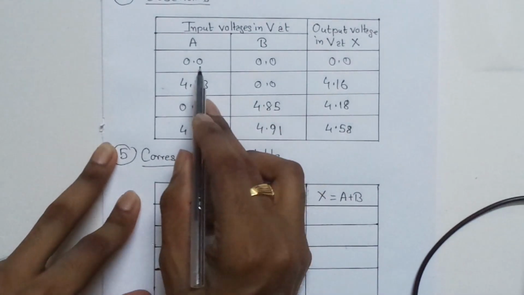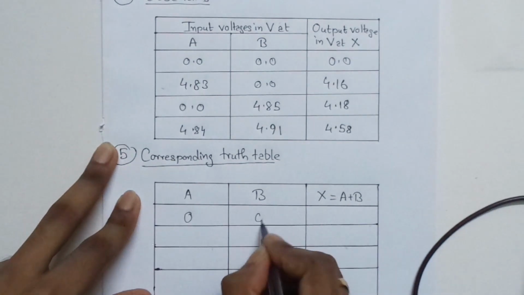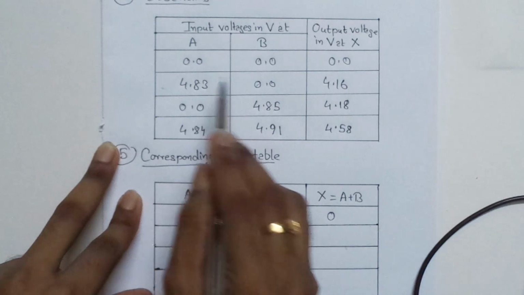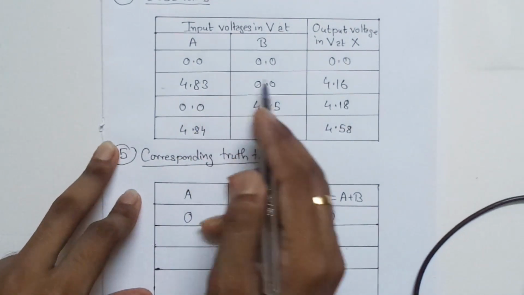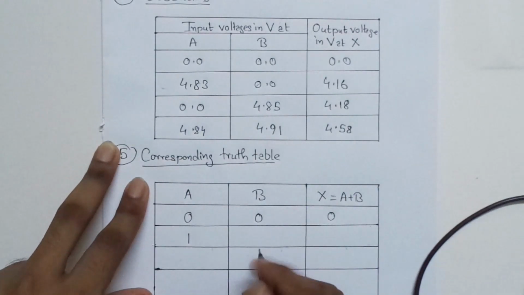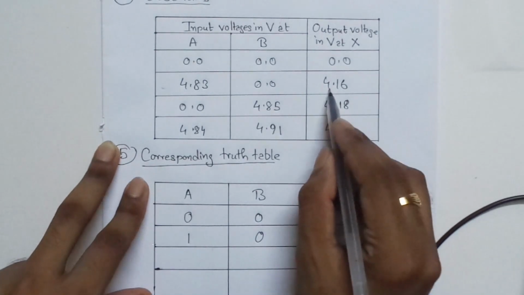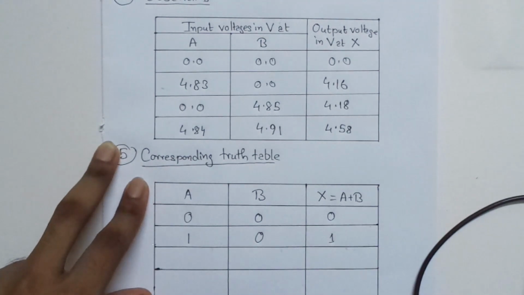In the first case we have both 0 and the output is also 0, so this is the first case. Now in the second case we have 4.83 volt in the input and 0 at the input of B, so we have a digital 1 input at A and digital 0 input at B, and we got an output of 4.16 which is a digital 1.